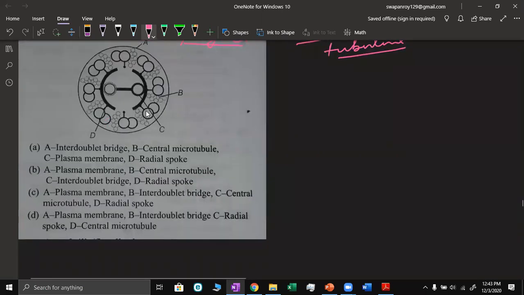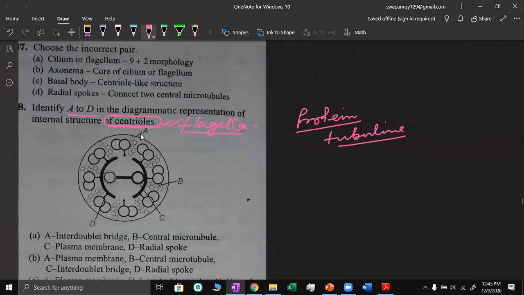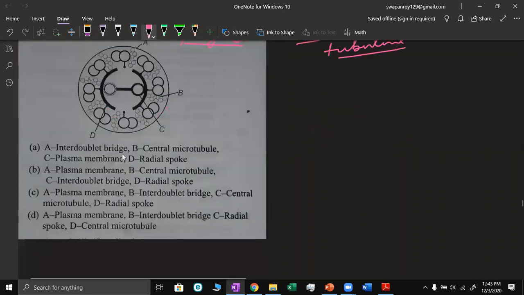So what are these? A will be plasma membrane. B are the interdoublet bridges.